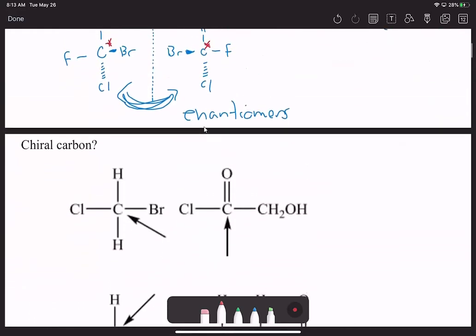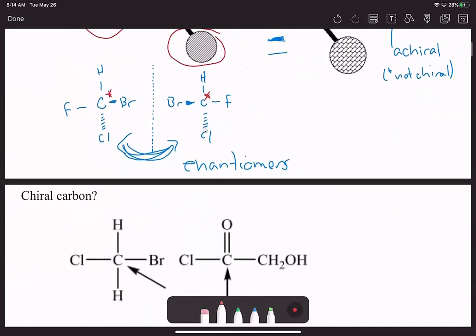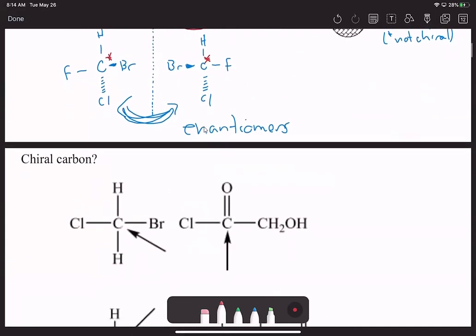All right, so let's take a look here. So our rule, and again, our rule is 4 different things. So before we move on to these examples here, I'm just going to draw another structure here. Let me use expanded structural formula.